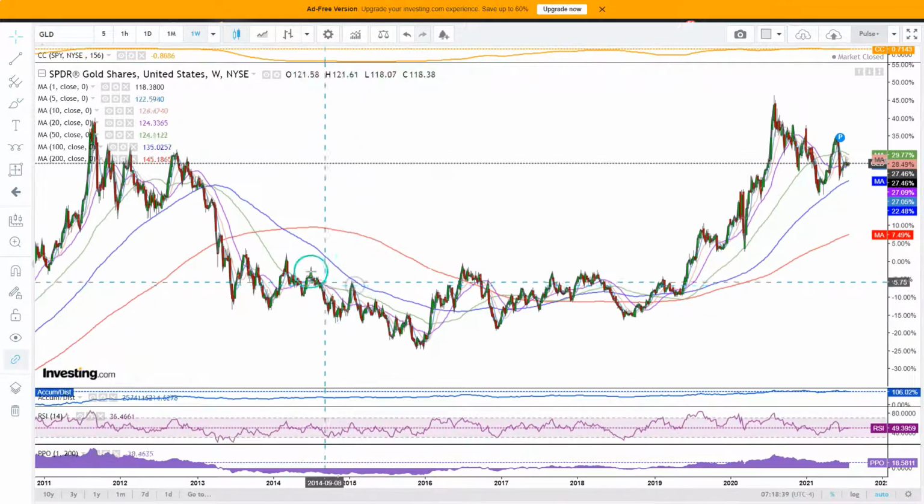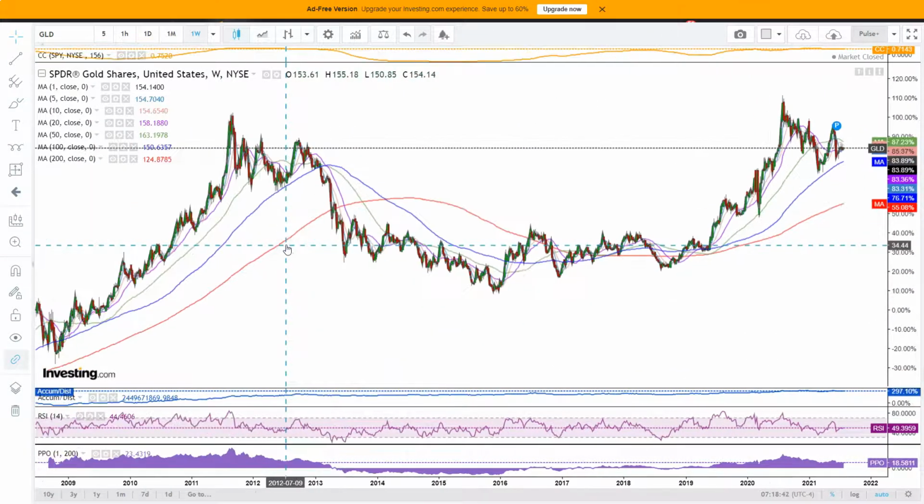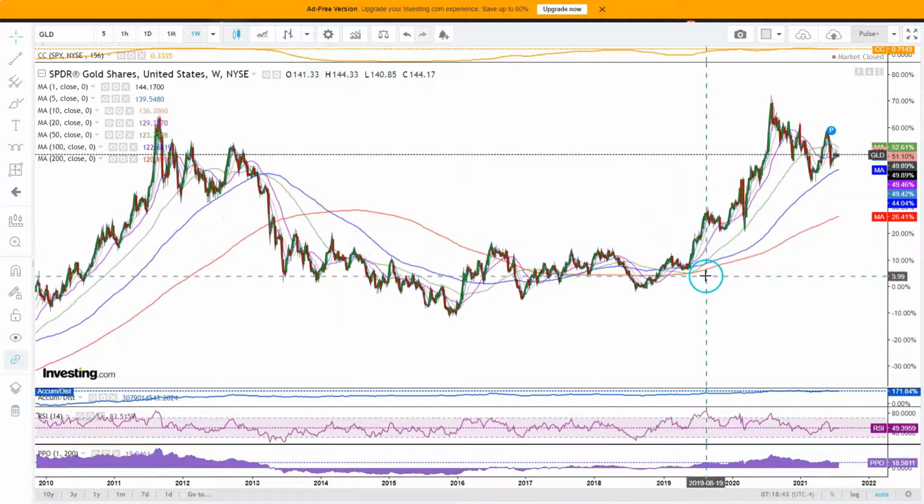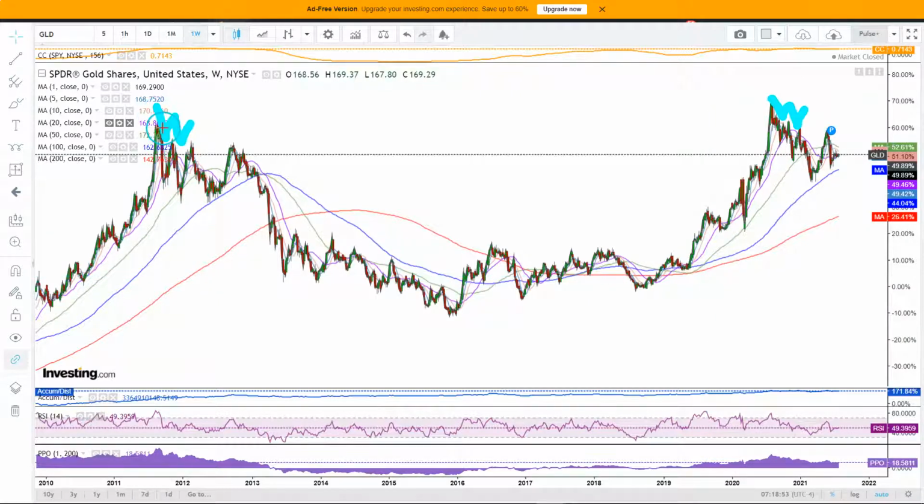If we do some comparison here, assuming that there could be some mirror effect, we do see something interesting. So we have this big rally, sharp pullback, big rally, sharp pullback, big rally, sharp pullback, and just a little bit of a rally, but you do see that there is a similarity between this and this.